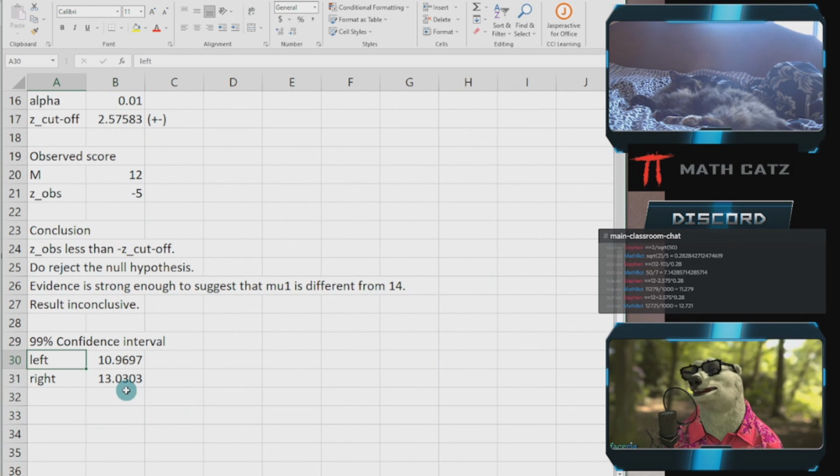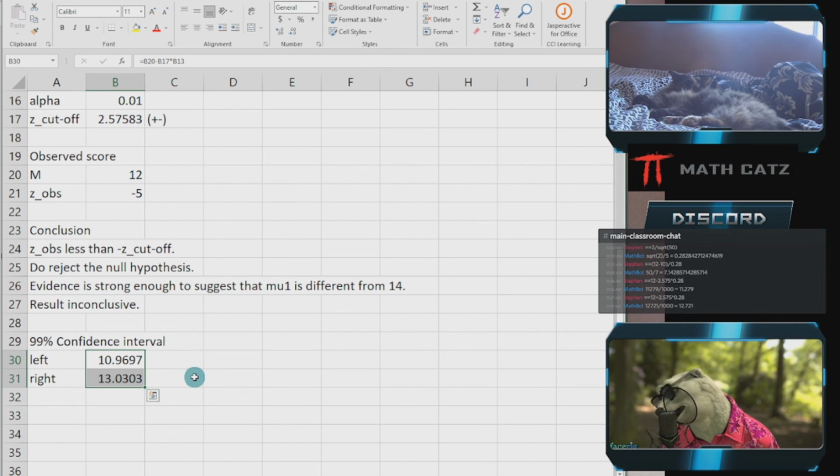Left and right. So I suspect, based on the evidence, that the population 1 mean, those that have the treatment, is different from 14, and I suspect it falls in this range with 99% confidence between 10.9-ish and 13-ish.